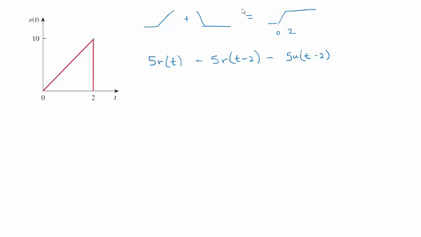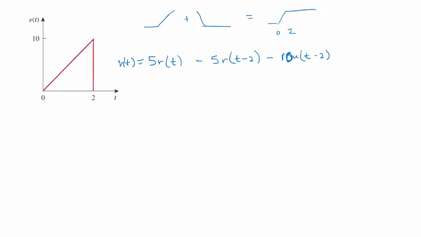And that should be the pictorial observation way of finding, except that maybe this amount is 10, not 5, so this should be 10. Okay, that's the pictorial way of finding what v of t is.